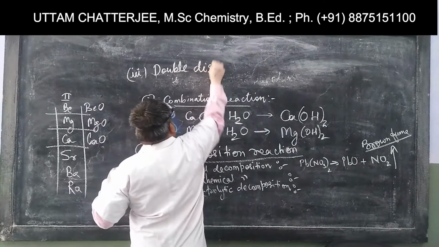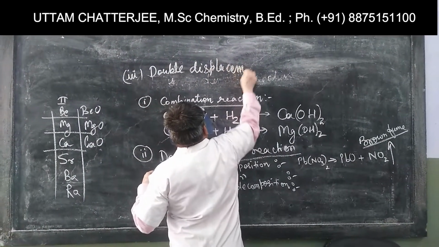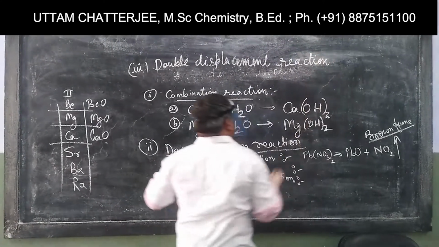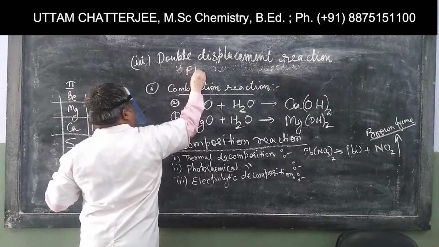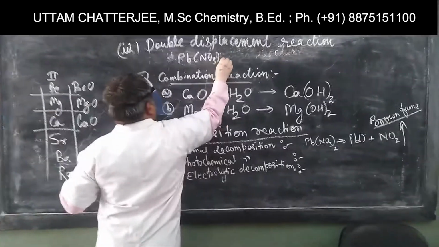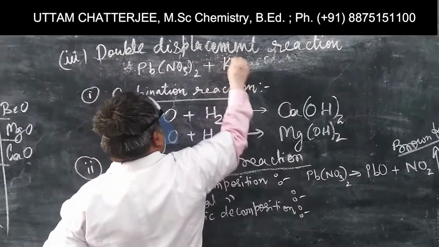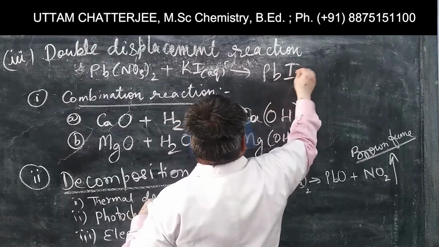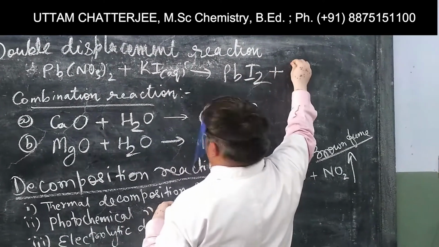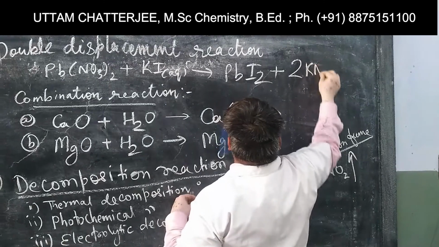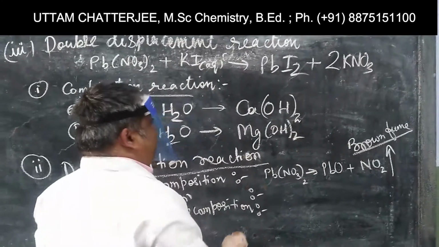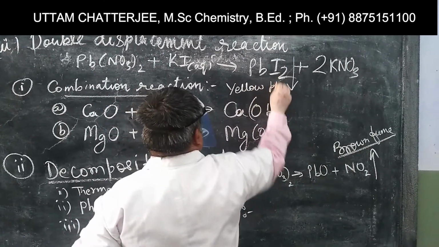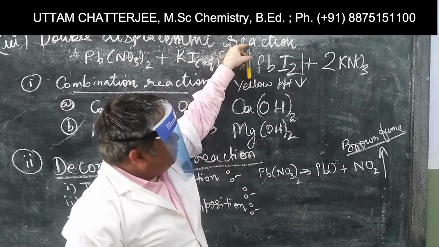Double displacement reaction in which lead nitrate is reacting with KI solution to form PbI2 and 2KNO3. This PbI2 is the yellow precipitate. This is the yellow precipitate.